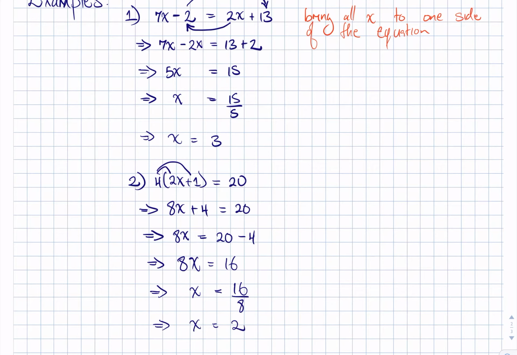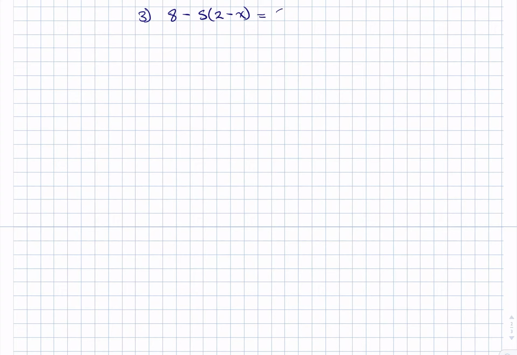Example number 3, we have 8 minus 5 times 2 minus x being equal to 8. My first step involves distributing that negative 5 over the difference between 2 and x. So this gives us 8 minus 5 times 2 plus 5 times x, because it's a negative 5. When the negative 5 distributes over the expression, the signs on the inside of the bracket will change, thus giving us that left-hand side expression being equivalent to 8.